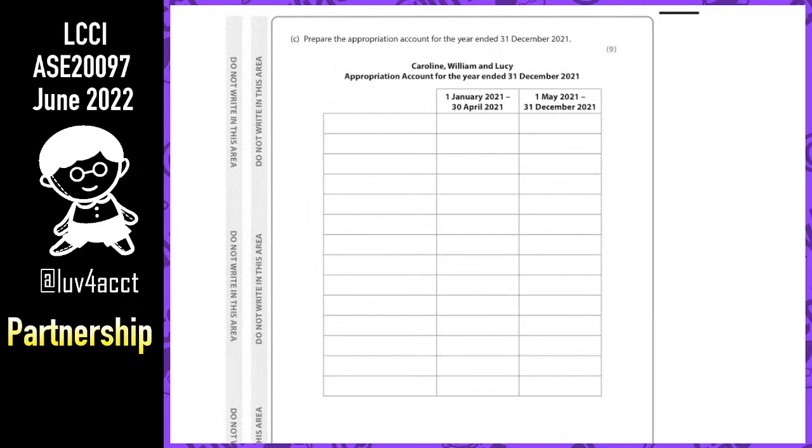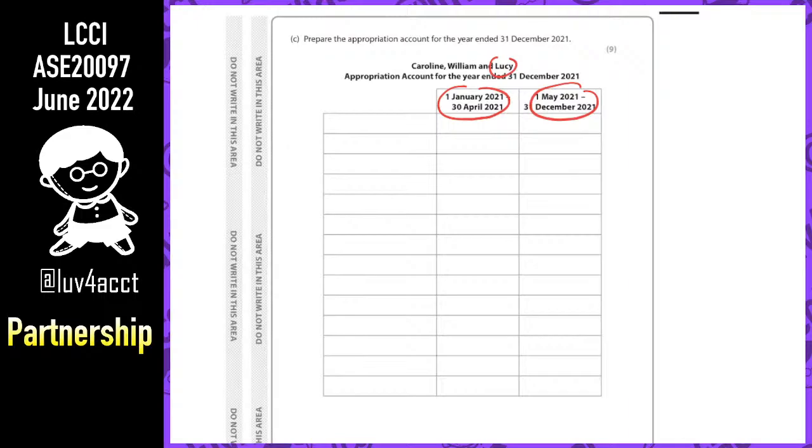And then we have to prepare the capital account of Caroline, and then the appropriation account for Caroline, William and Lucy. So we have Lucy joining the partnership. For this appropriation account, we have to separate between the first 4 months of the year and the latter 8 months, because I guess on the 30th of April, Lucy joined the partnership.